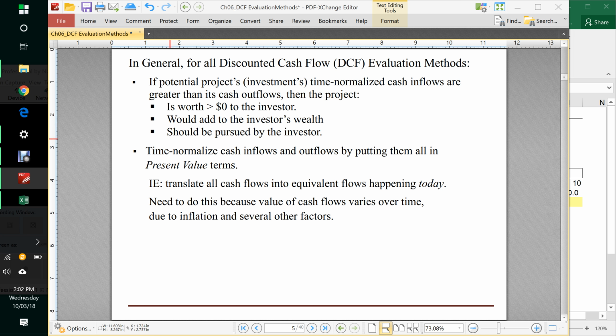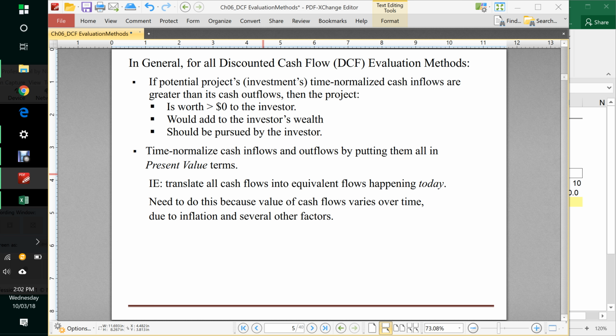What do I mean by time normalized? Time normalized means putting all of the cash flows in present value terms. Remember, cash is an exponential function of time, so we cannot add together a cash flow for one investor at time t equals 0 to a cash flow she may be getting in 3 years.